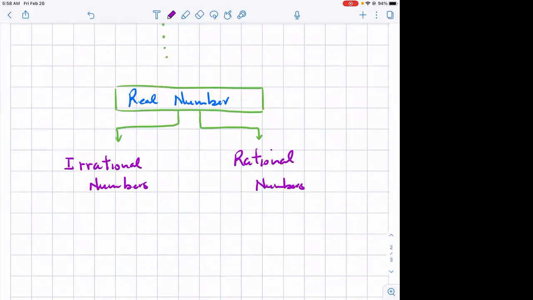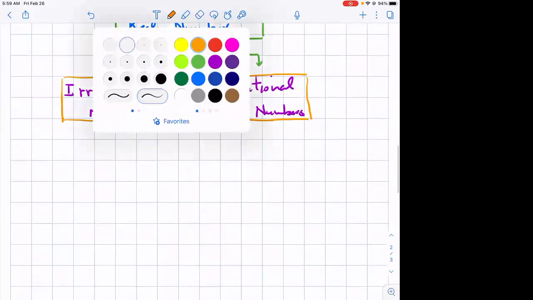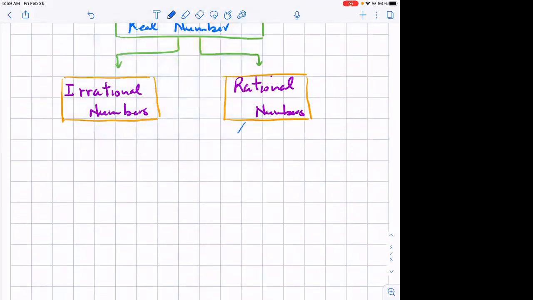Now there are not many subsets under irrational. But under rational, there are so many that you are aware of. Under rational, this is where you have many different other branches. Many of them you can fill in here. Some of these that I'll be referring to are integers.